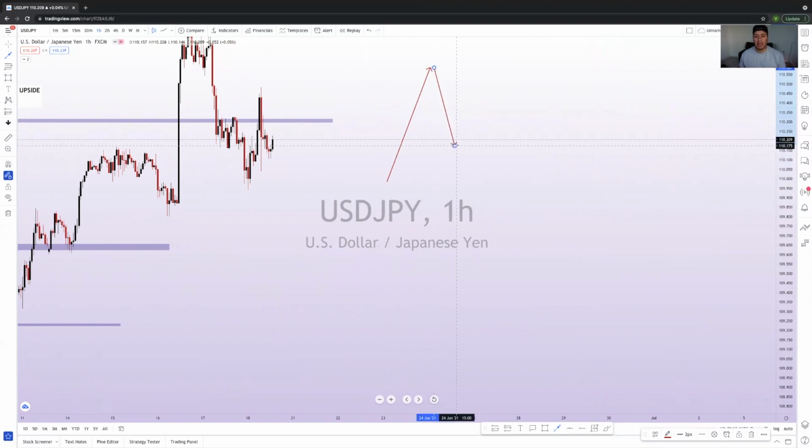Let's say this is a 1 hour. This big push right here on a 15-minute time frame is going to look like this. And this pullback right here on the 1 hour, on a 15-minute, is going to look like this.